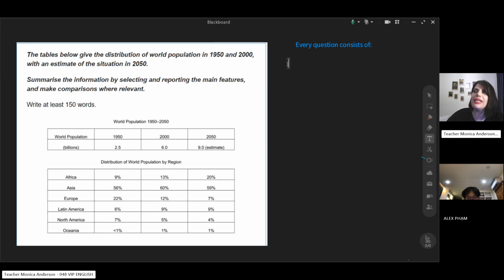The first one is a brief, short description of the graphic. This graphic can be a line graph, pie chart, bar chart, and here we have a table. The second one is the instruction, what we need to do.